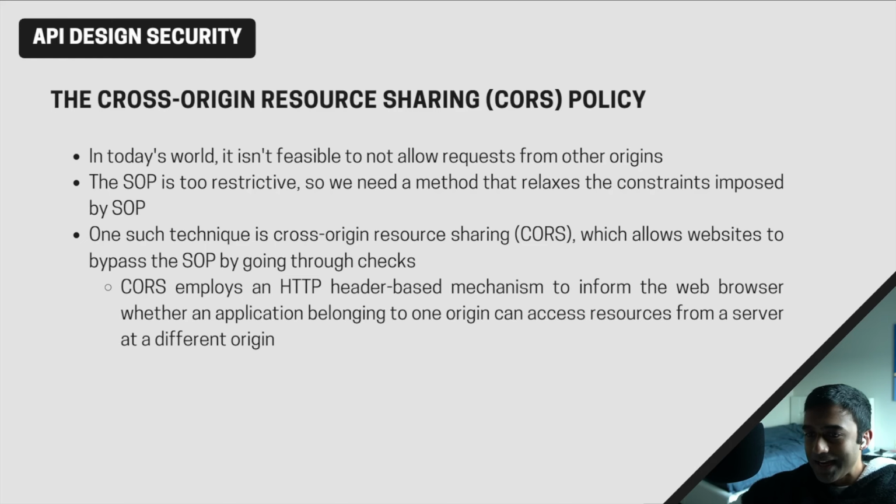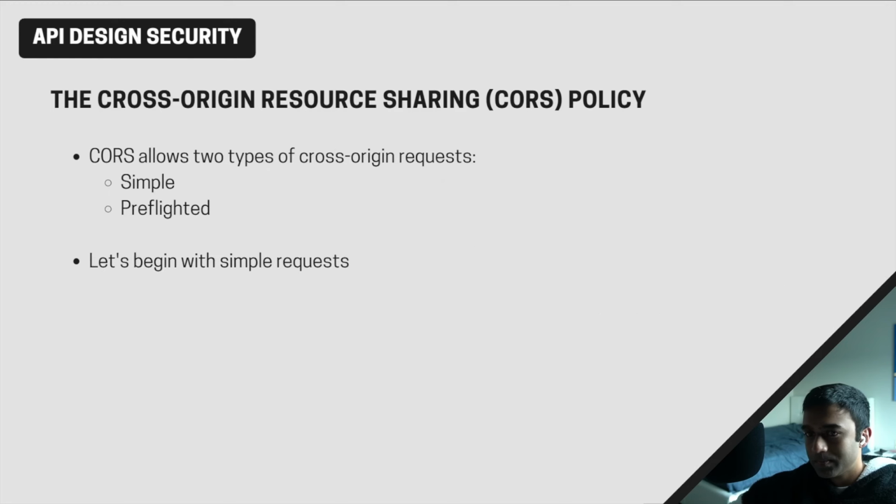CORS employs an HTTP header-based mechanism to inform the web browser whether an application belonging to one origin can access resources from a server at a different origin. So CORS allows two types of cross-origin requests: simple and pre-flighted. Let's begin with the simple requests.